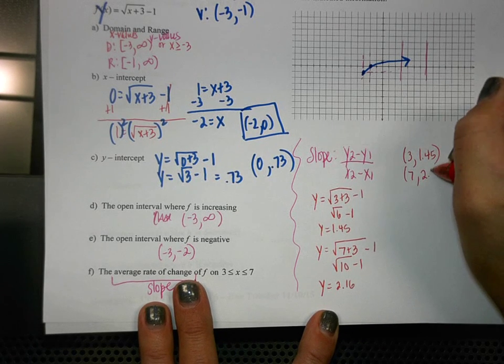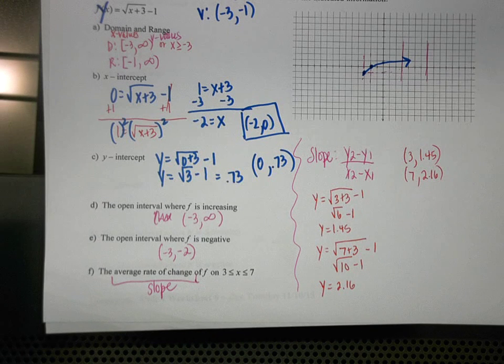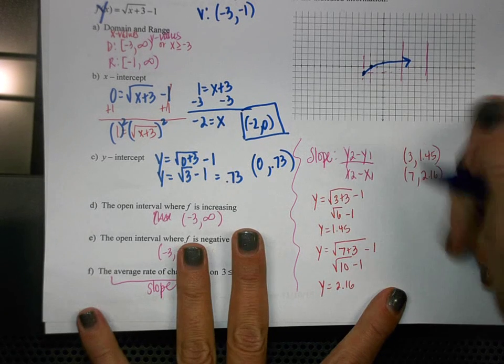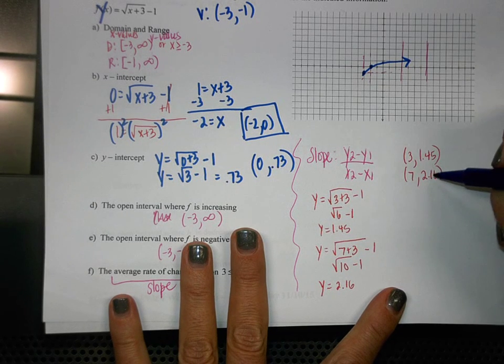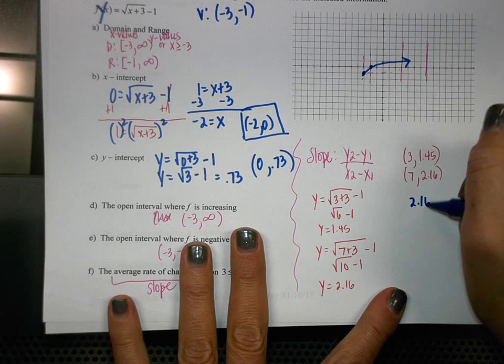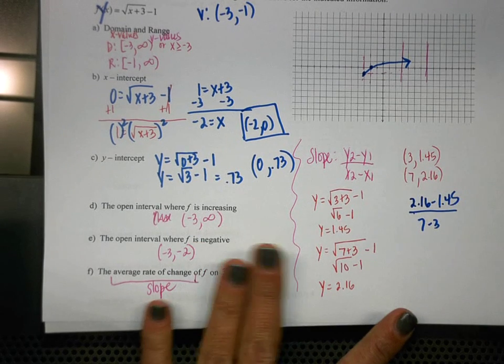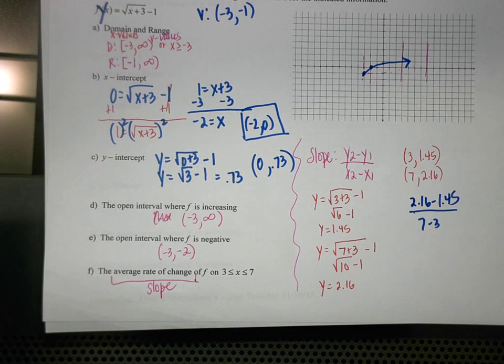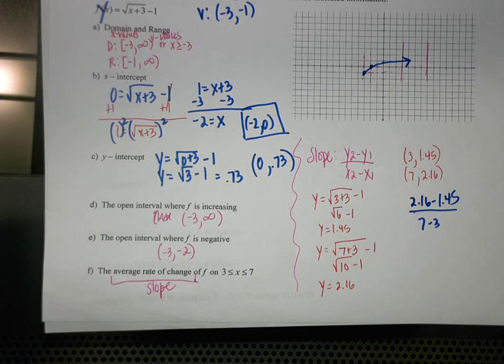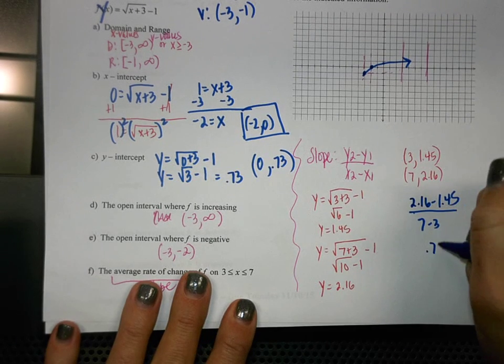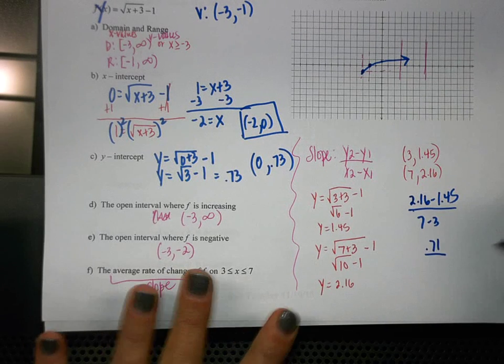Perfect. And so now we just have to find the average rate of change by finding the slope. And so how will I do that? Yep, so I'm going to go 2.16 minus 1.45 over 7 minus 3. So I take my calculator, 2.16 minus 1.45, and I get 0.71 over 7 minus 3 is 4.